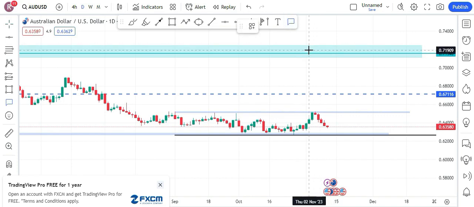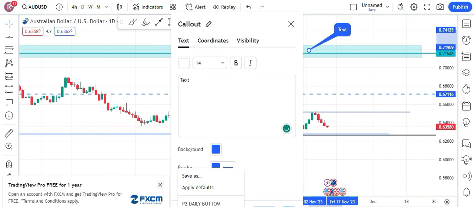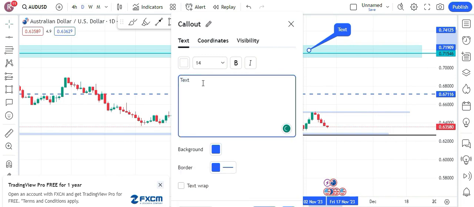If we treat this as, let's write it down for better clarity. P1, pattern 1, weekly double top.